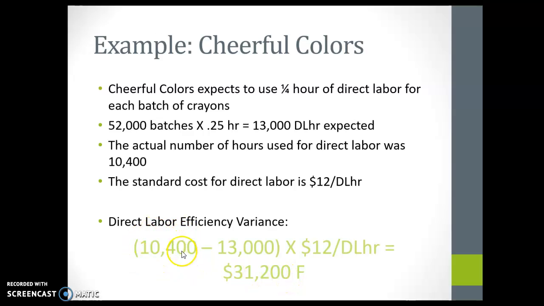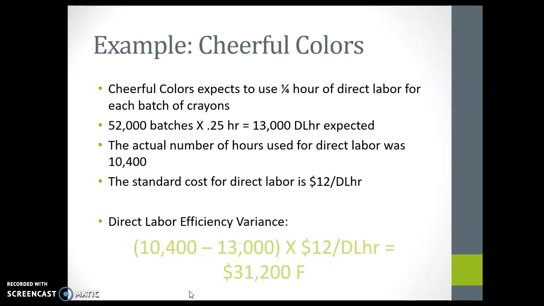Because the 10,400 is less than the standard of 13,000, that's going to be favorable. Whenever our actual is less than a standard, it's going to be favorable. If our actual is more than the standard, it's going to be unfavorable. Okay, so we saved $31,200 for direct labor because we used less.